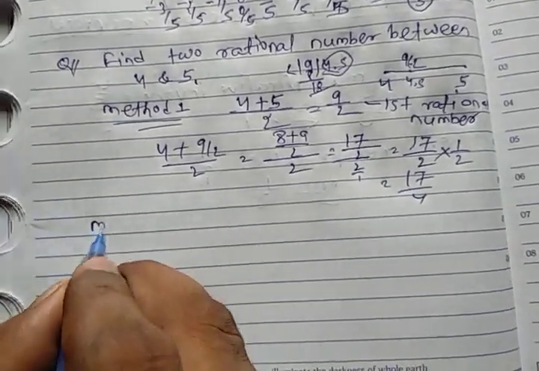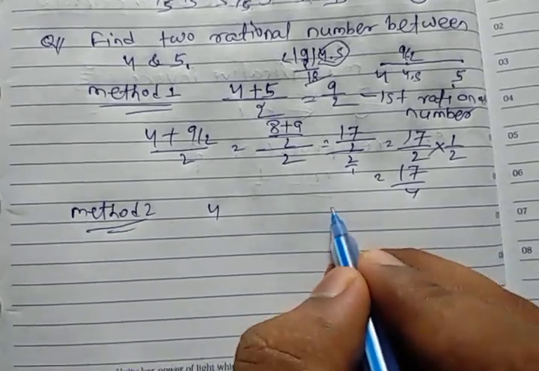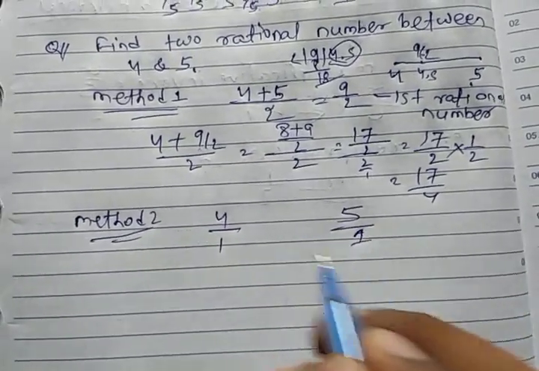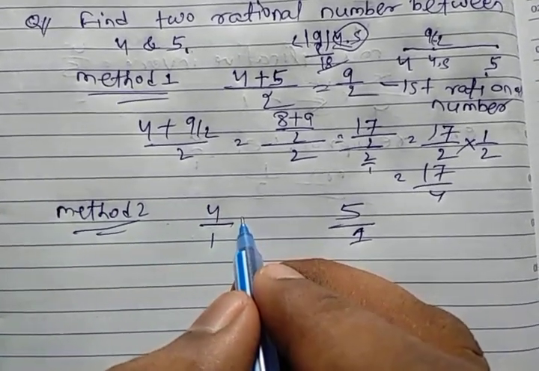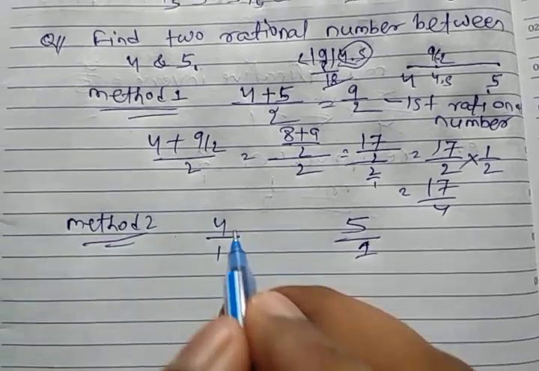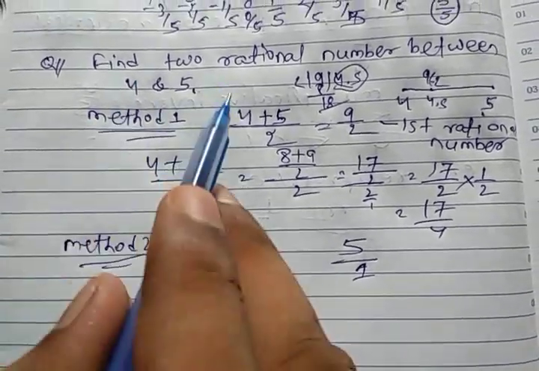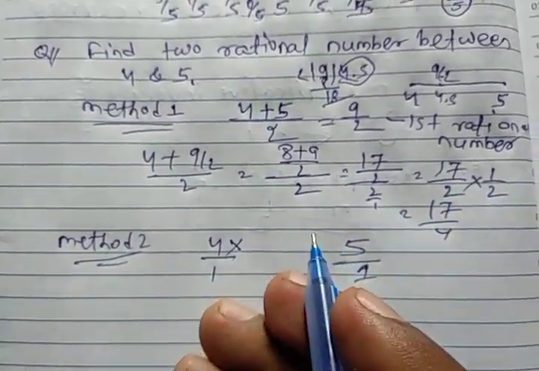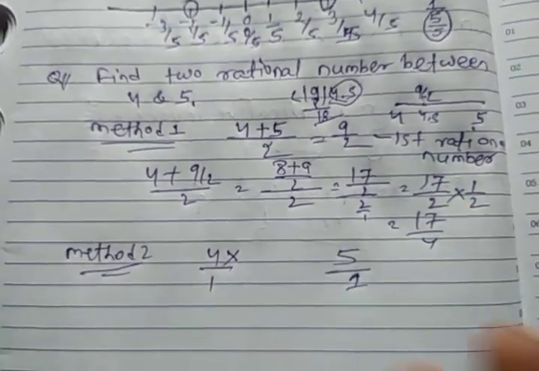The second method: here is 4, here is 5. Write 4 by 1 and 5 by 1. We multiply any number, in both numerator and denominator, as per requirement. If the question is to find 10 rational numbers, we multiply by a number like 10 or 100.